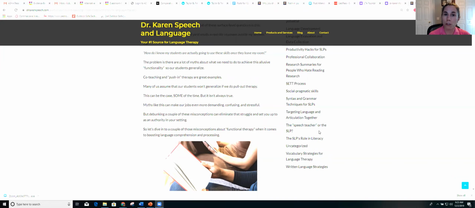That might be the least restrictive environment for many students. Chances are, if you've got students on your caseload who have mild language disorders, the least restrictive environment might be something like a hybrid. Sometimes you're pushing into the classroom, sometimes you're doing some structured things in small groups, or maybe in a pull-out situation and then reinforcing them in the classroom, something like that.